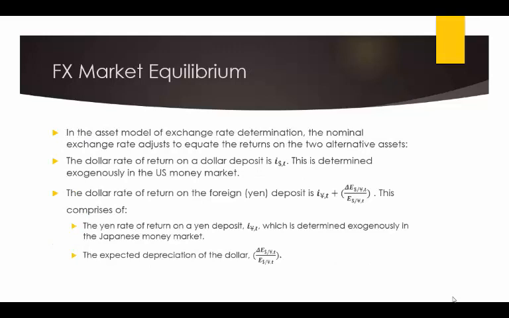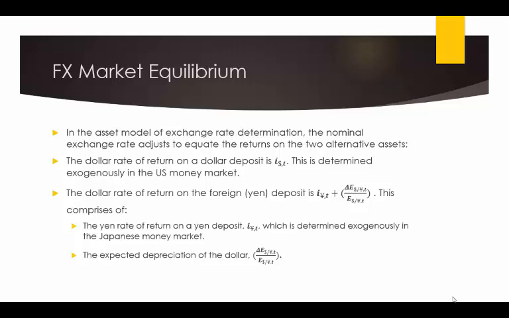Intuitively, the UIP condition states that the rates of return on the two investments must be equal to leave investors indifferent as to where to invest. The US interest rate is the rate of return on the dollar-denominated asset. The foreign or Japanese interest rate is the rate of return on the yen-denominated asset.